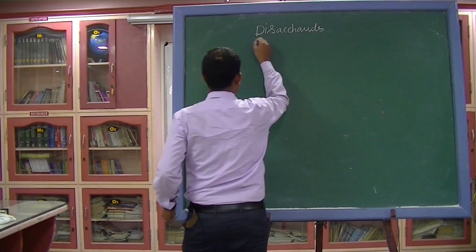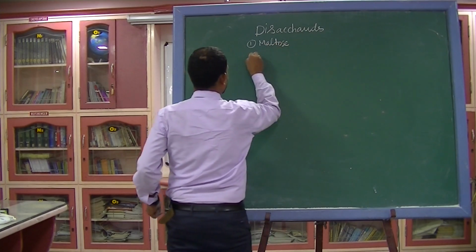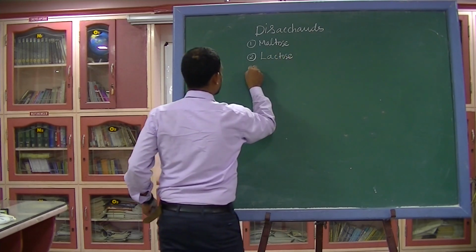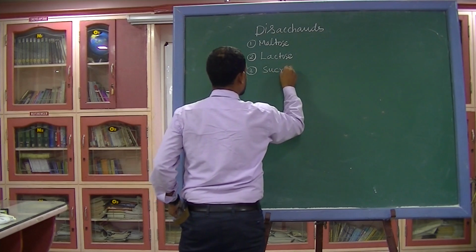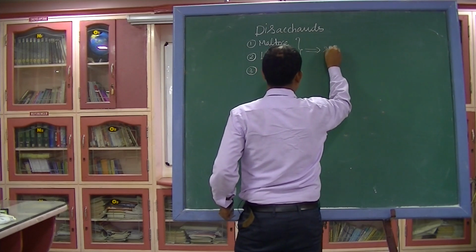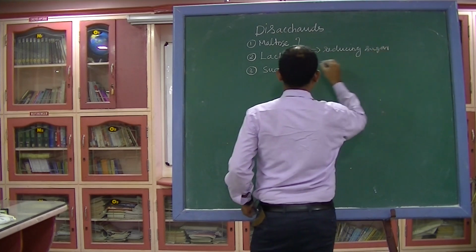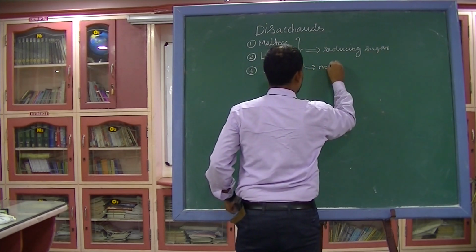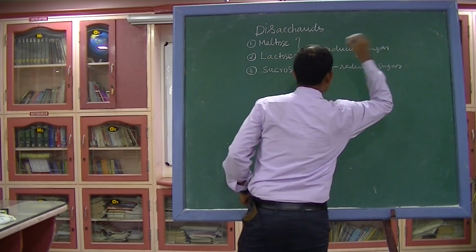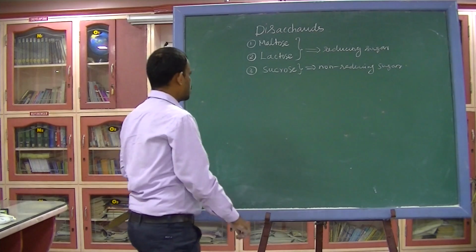Today we are going to discuss the first one, maltose, the second one, lactose, and the third one, sucrose. In this case, maltose and lactose are reducing sugars, whereas sucrose is a non-reducing sugar.